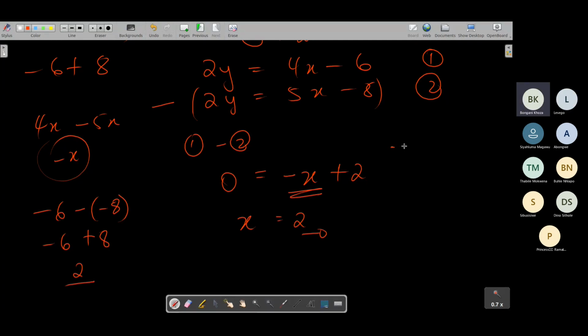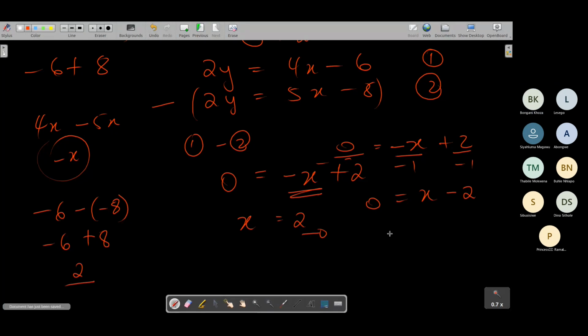You're saying x plus 2 like that. There's a 0 here. You're dividing everything by negative 1, right? Also here, divide by negative 1. So you'll have 0 equals x minus 2, yes. And then from there, you have to take 1 to the other side. Which one are you transferring? So 2 would be like that. So this is what you have.